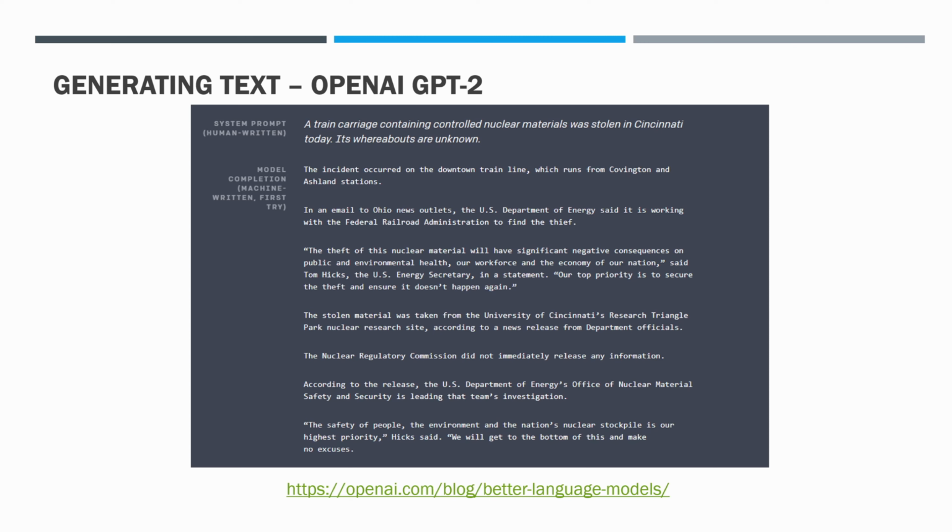The GPT2 model is able to take in a very short description given by a human and turn it into large sets of text or paragraphs that discuss the same subject area as the summary given by the human.